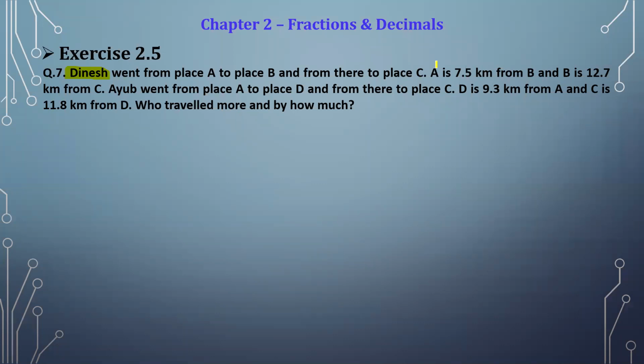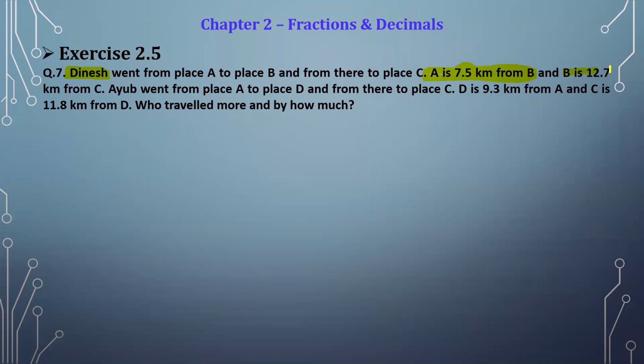And now the distances are given. A is 7.5 kilometer from B, so the distance between A and B is 7.5 kilometer.